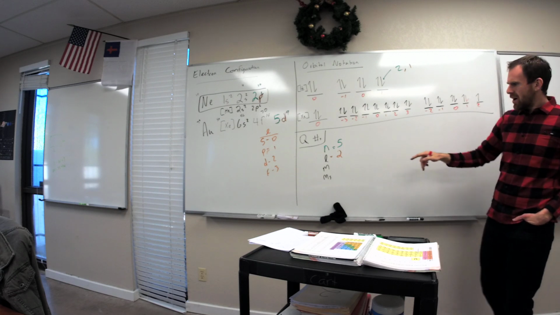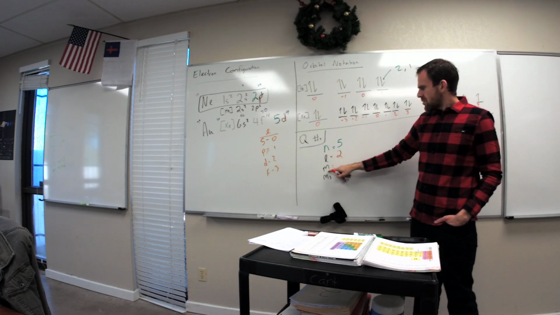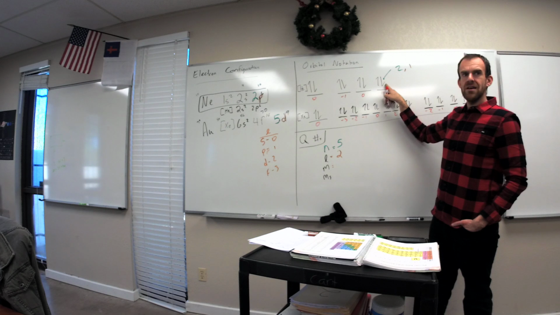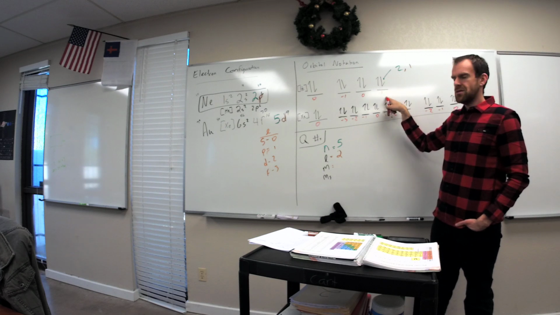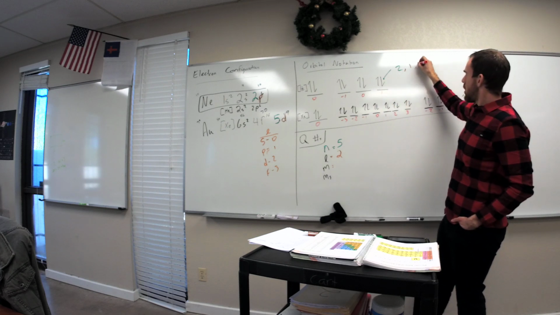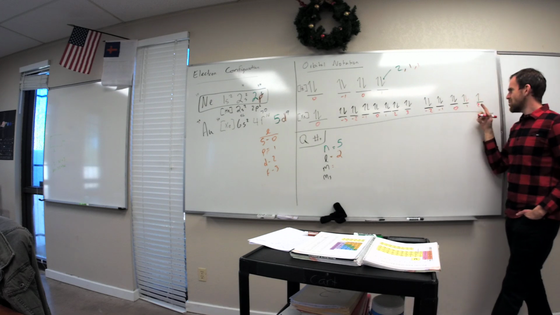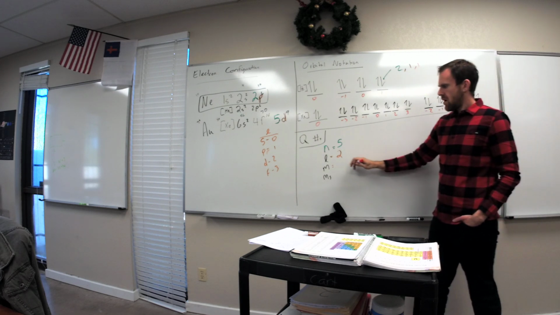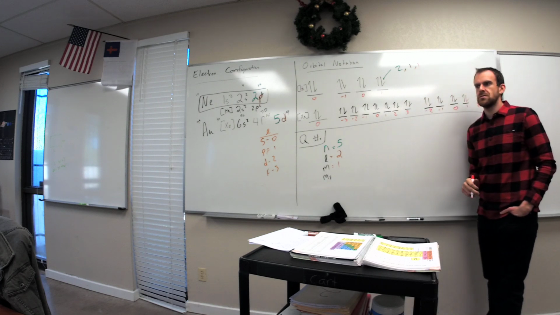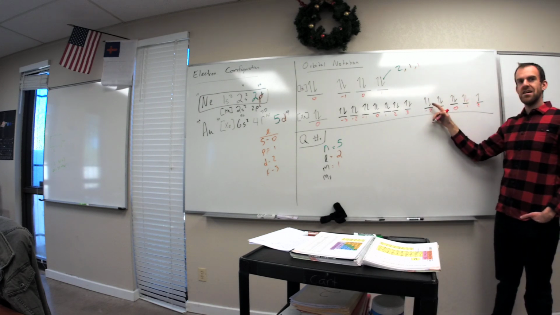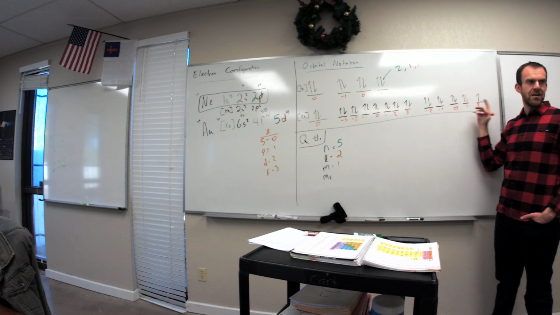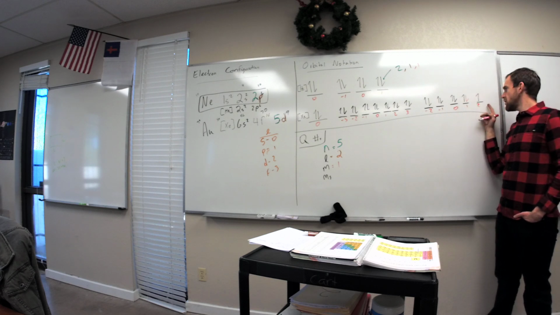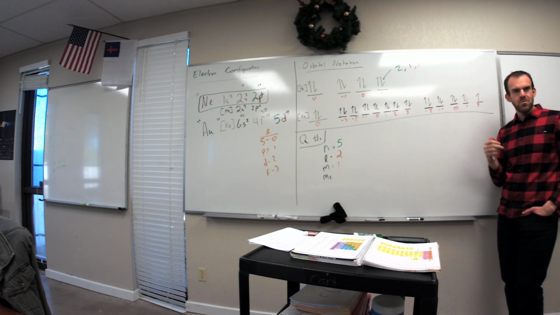So, in what m quantum number does this electron live? In the 1. How about this one? Also in the 1. But if it ended over here, it would be -2. Or if it ended over here, it would be 2. It's just wherever it lands.